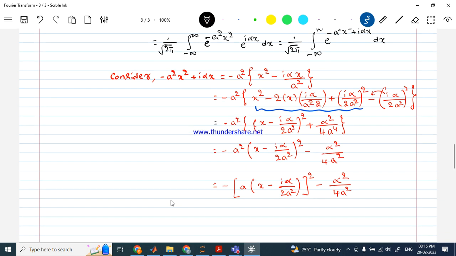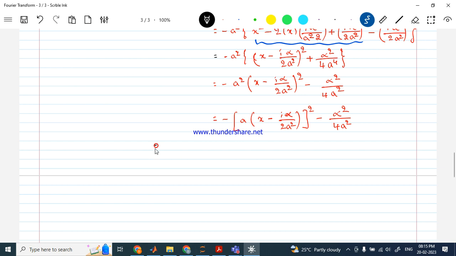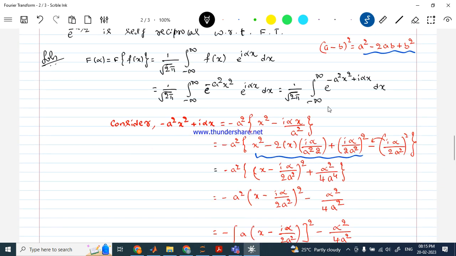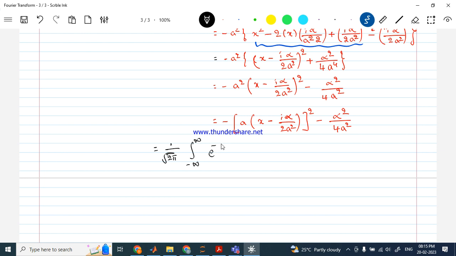So my expression is equal to 1 by root 2 pi times integration minus infinity to plus infinity e power, in the power let me write this expression, minus a times x minus i alpha by 2a square, this whole square, minus alpha square by 4a square, into dx.